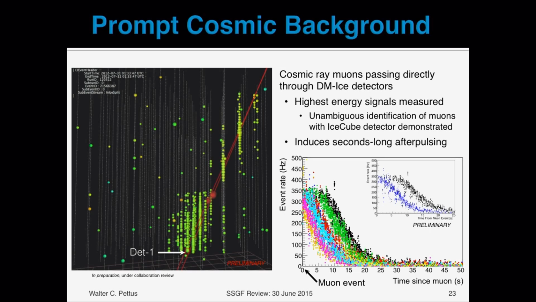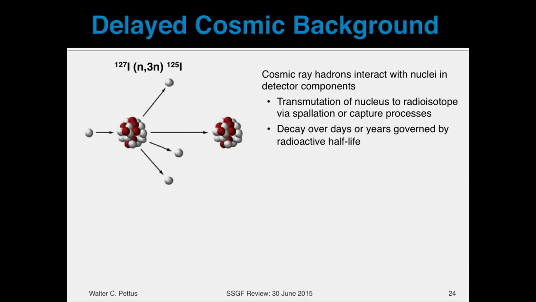So there's a seconds-long period of decay for these in-ice crystals where you're getting sub-keV events, but you have to understand your detector response at the low energy region in order to make sure that you're not reconstructing them to higher energies. So this is one of the really interesting things which has come out of the in-ice detectors.